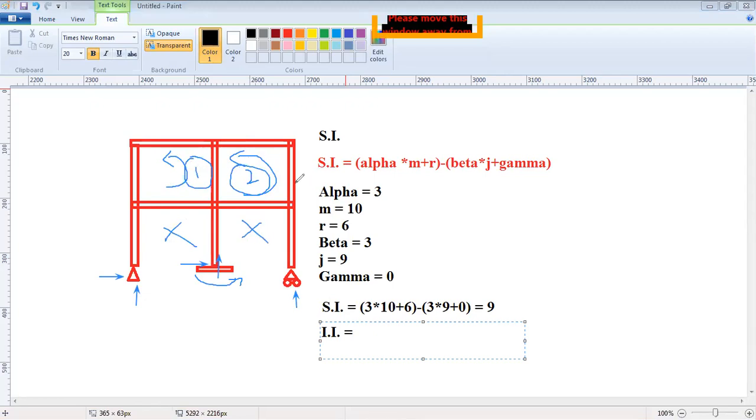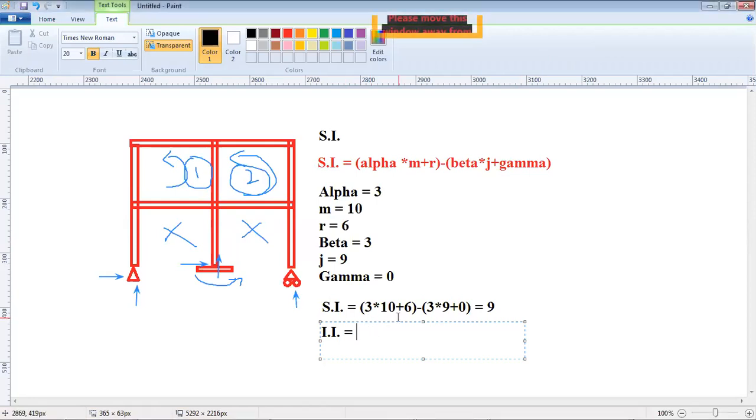For each closed loop, if it was not closed, it would be determinate. As soon as it becomes closed, there are three additional unknowns. So for each closed loop, you have three unknowns.